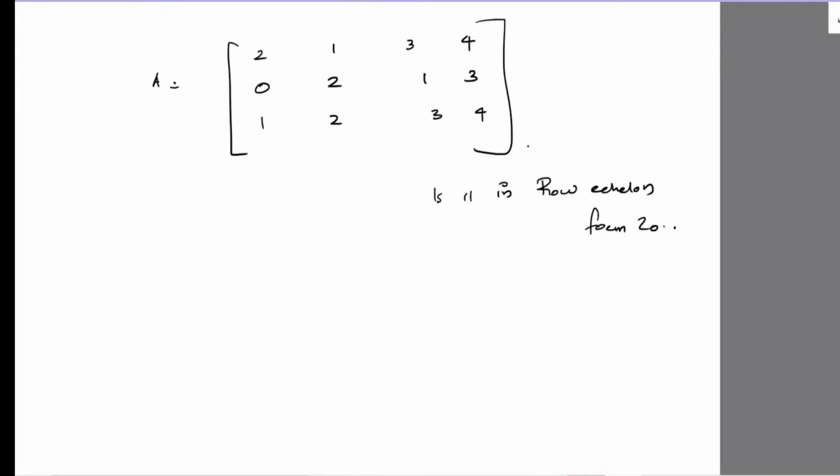We need to check the two conditions. The first condition says if there is any zero row, it must be at the bottom. But in this matrix, there is no zero row, so we don't need to check the first condition. We need to check only the second condition. So what is the second condition?